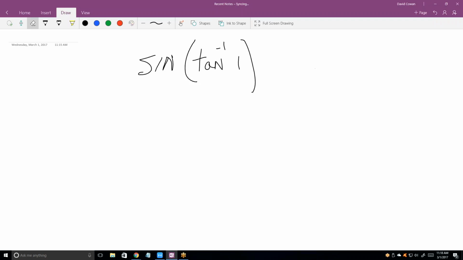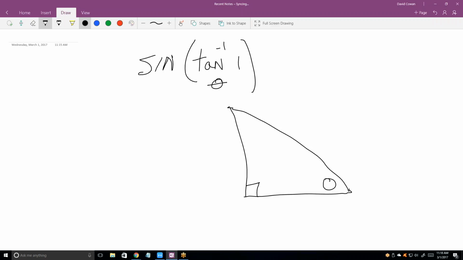I can solve this without ever knowing what the angle is. Let's just make sure that we know that the inverse tan of 1 is some angle. We don't necessarily have to know what it is. In fact, I'm going to solve this problem without figuring out what theta is. And that's what you're supposed to do. First step, draw a right triangle and label theta.